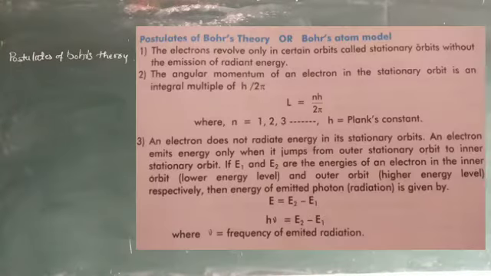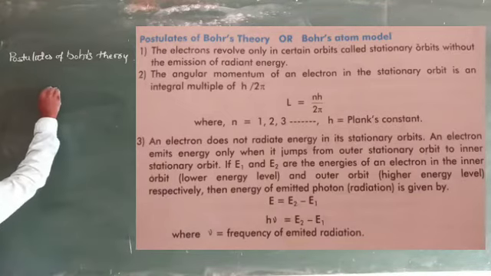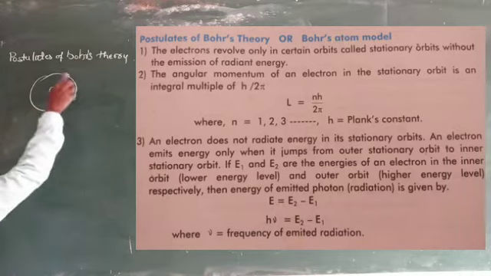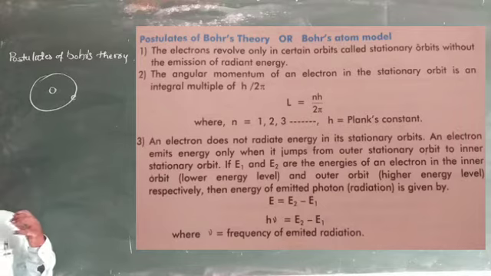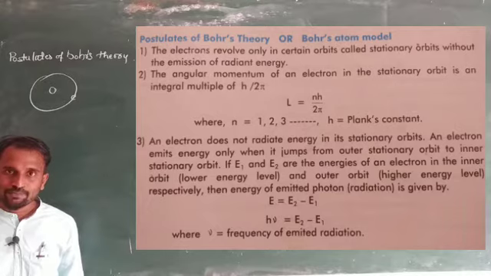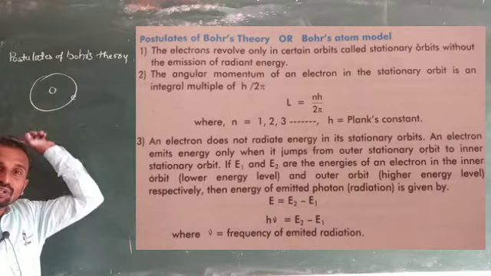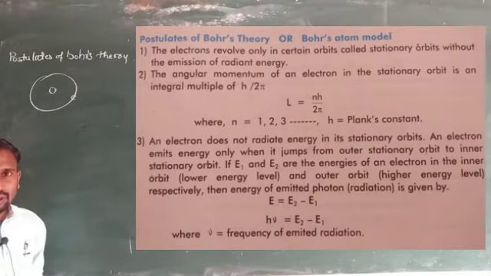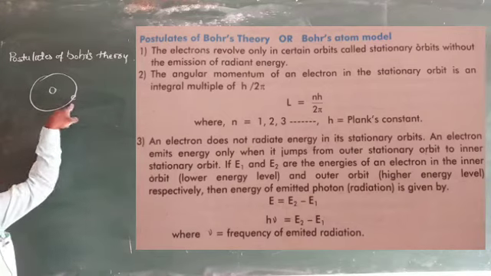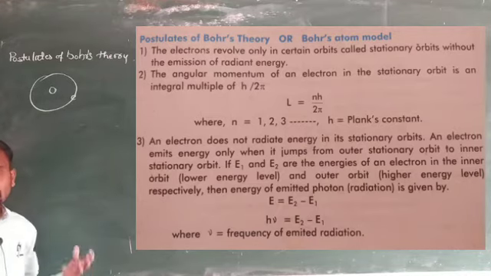The first one: an electron revolves around the nucleus in a particular orbit. In this orbit the electron does not lose its energy and does not emit any transition energy.